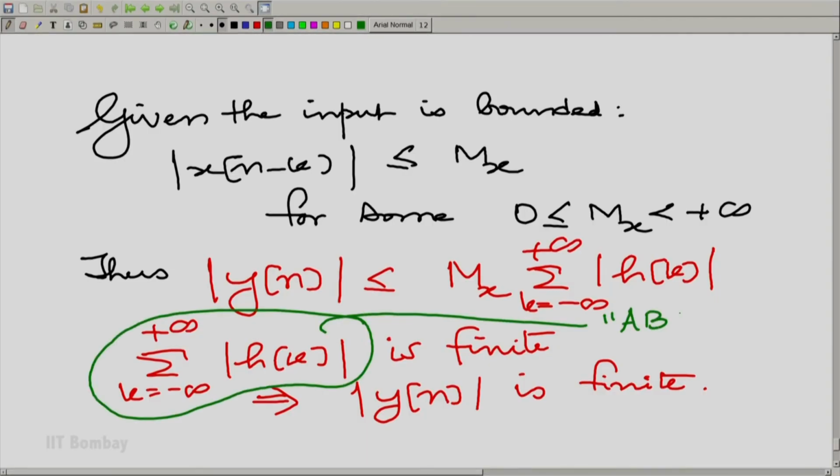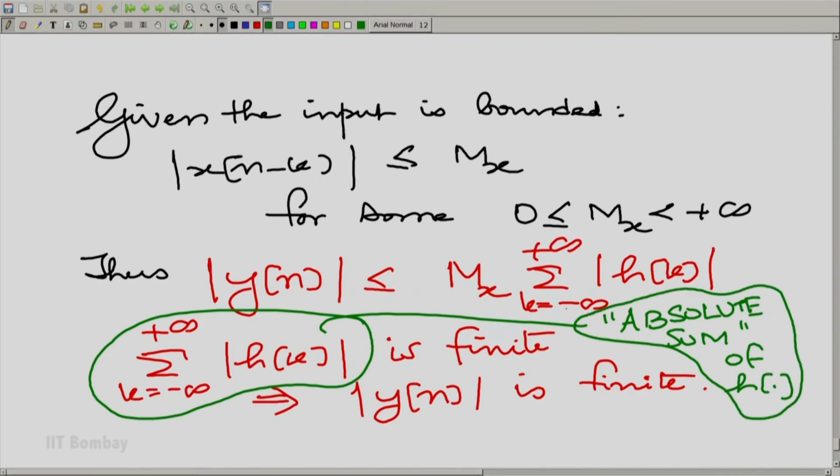If I ensure that the absolute sum, as we call it, let us look at that quantity, it is called the absolute sum. The word absolute sum of a sequence is now being introduced here. Absolute sum means taking the absolute value of each sample and then adding up all these absolute values.